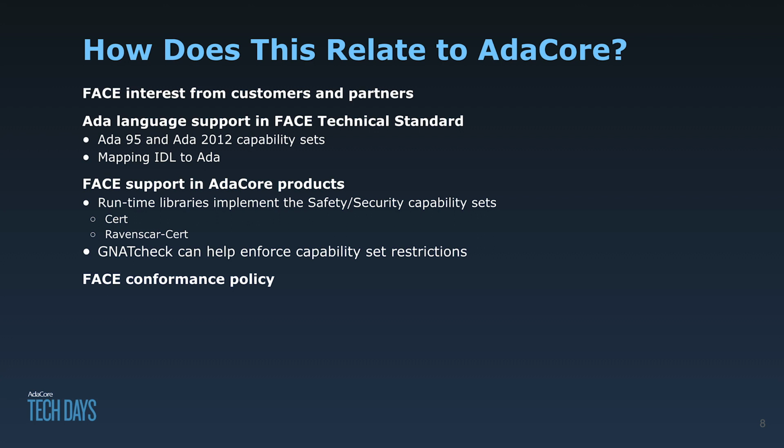So, for example, the CERT runtime, which I'll talk about briefly later, is a kind of sequential subset which has some simple support for various runtime features. And also the Ravenscar CERT, which adds Ravenscar support. And both of those actually fully implement the features that are required in the corresponding safety and security capability sets.